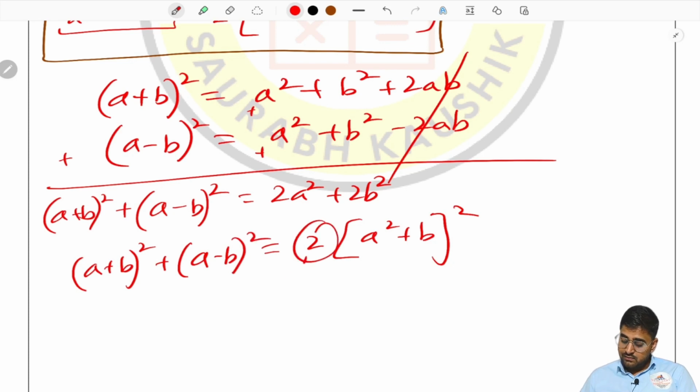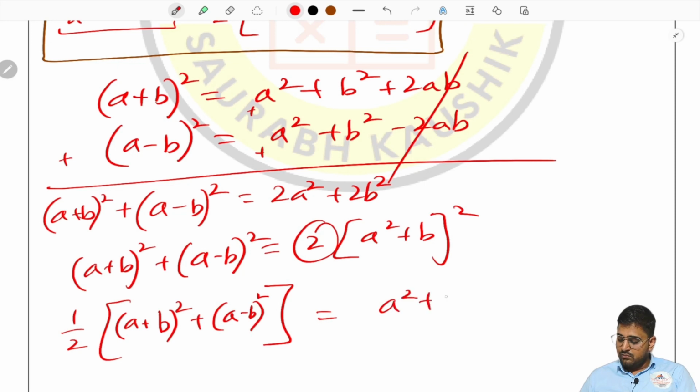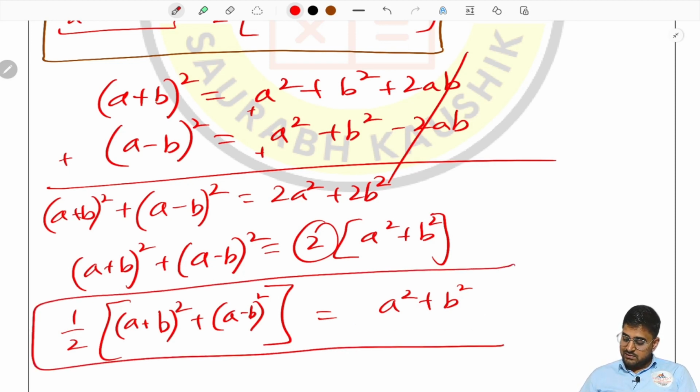Now if I take 2 common from both sides, it becomes 1 by 2 times (a plus b) whole square plus (a minus b) whole square, equal to a square plus b square. Sorry, not whole square, that was wrong. So this is the asked property.